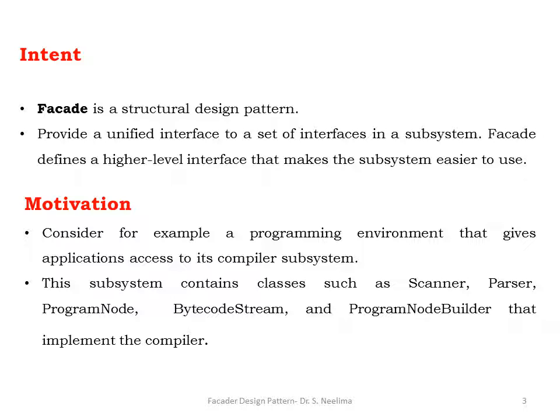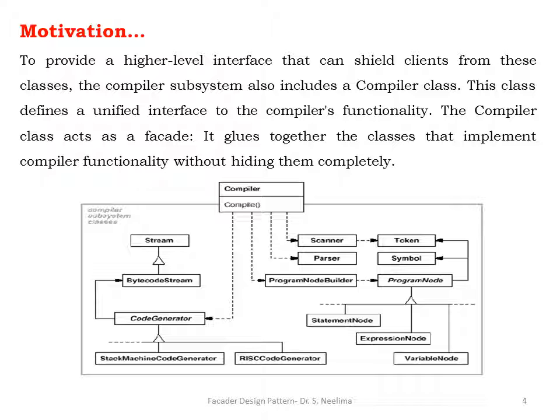To provide a higher level interface that can shield clients from these classes, the compiler subsystem also includes a compiler class. This class provides a unified interface to the compiler's functionality. The compiler class here acts as a facade, so it offers a client a single, simple interface to the compiler subsystem.